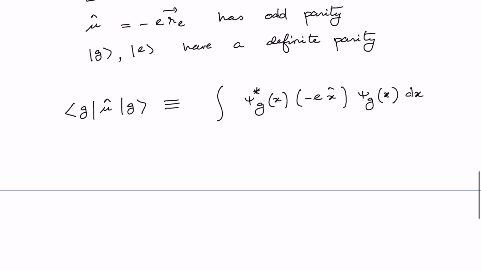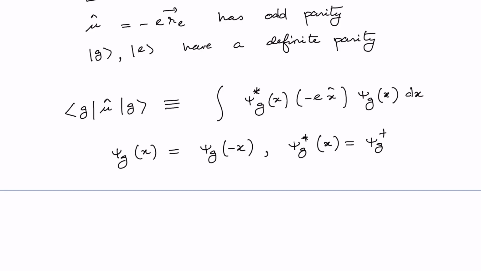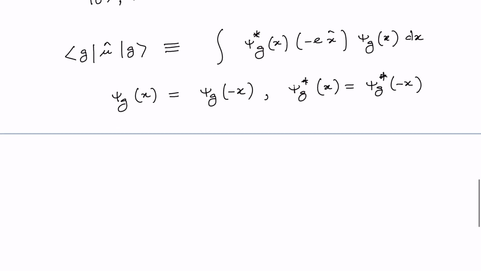Let's say this ground state wave function has even parity, so ψ_g(x) is equal to ψ_g(−x), and ψ_g*(x) is equal to ψ_g*(−x).